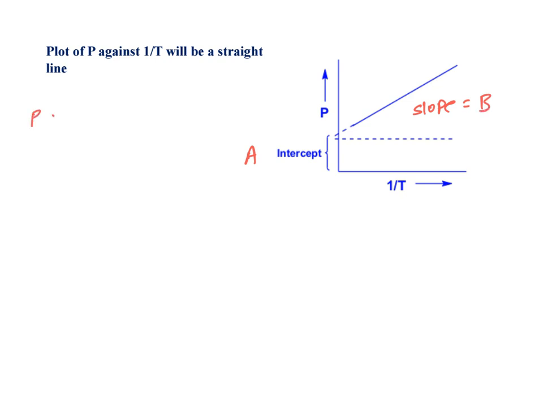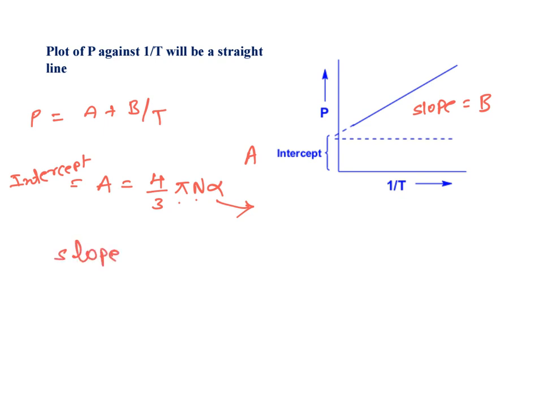Our equation is P equal to A plus B by T, and A is here, we have taken 4 by 3 pi n alpha, and this is equal to the intercept. Once we get the intercept, pi n is constant, we can calculate the alpha value here, and once we get the slope, that is slope equal to B, we can go with dy by dx or tan theta.